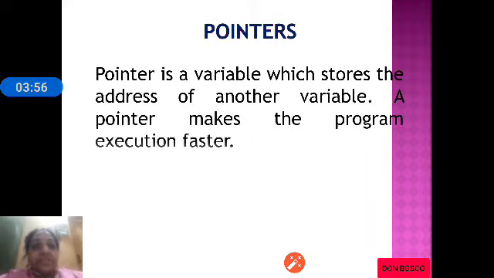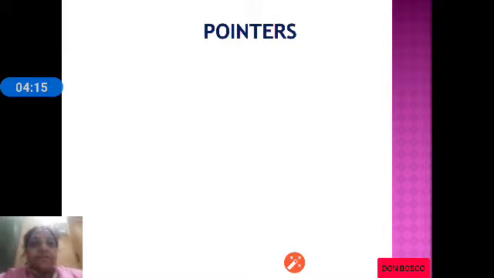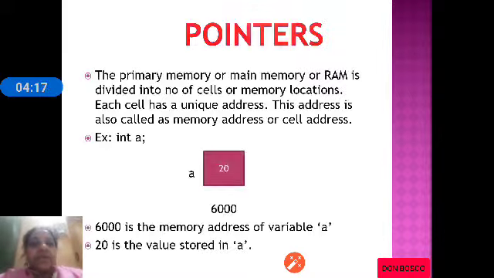So let us discuss what is a pointer. Pointer is a variable. It is a special variable. What will it do? It will store the address of any variable. For example, in the previous slide, we saw that the address of A is 6000.